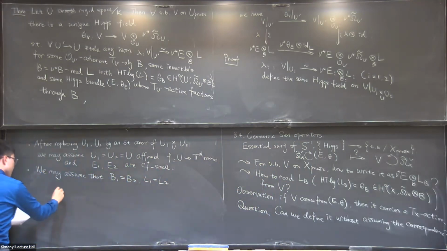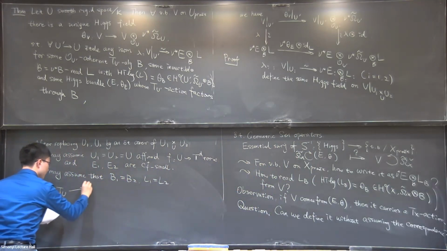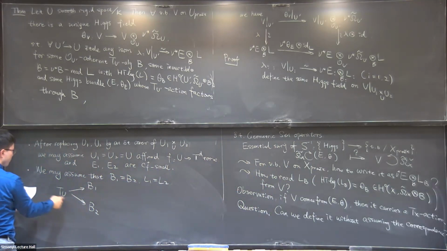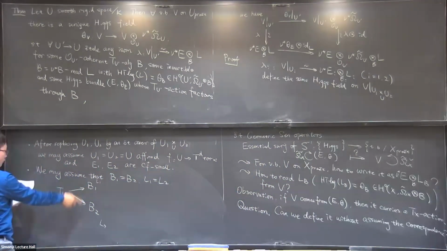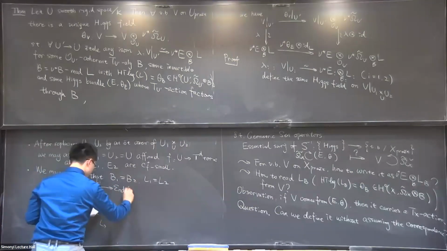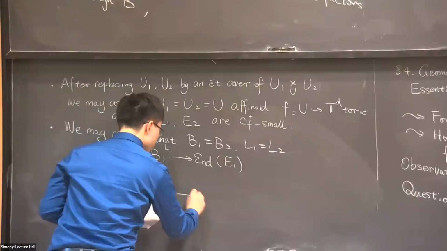Why is that? Because here, by assumption, B1, B2 are modules over curly B1 and B2, and it factors through the endomorphism of the Higgs modules.